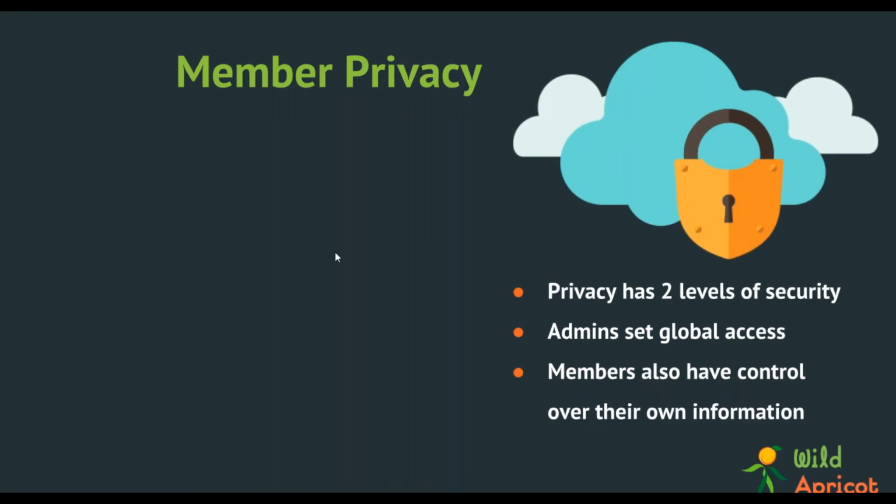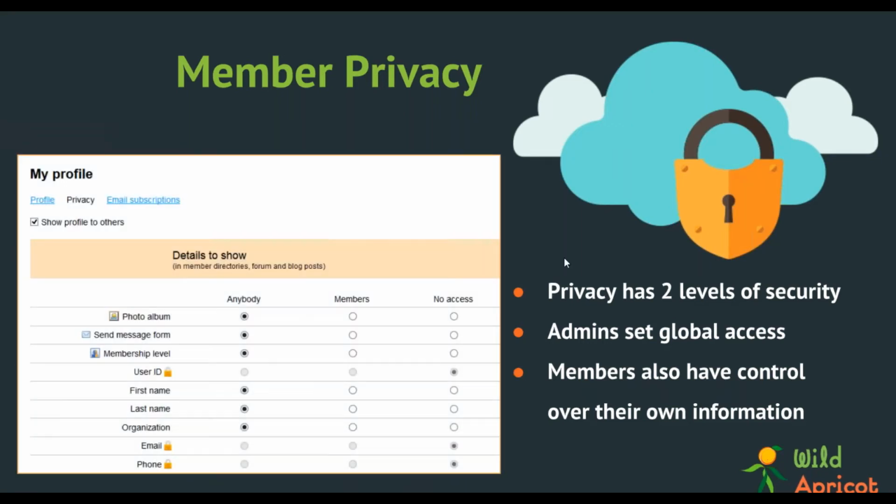So on Wild Apricot, you actually have two levels of control over data, information, and privacy. Things can be set for visibility both on the admin side of things, and then a member can individually select their own preferences as well. How that ends up looking is kind of in this example.